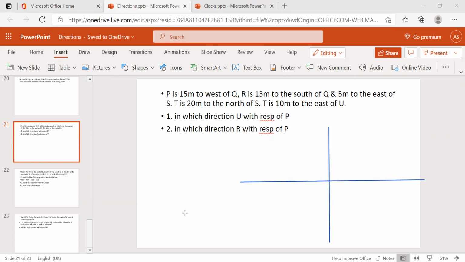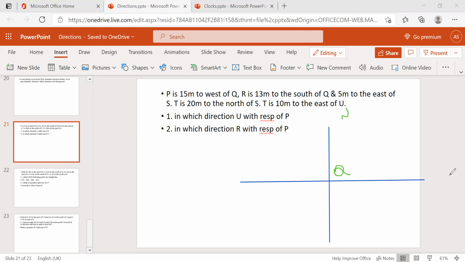See, what they are saying first of all: P is 15 meters west of Q. Suppose Q is here.